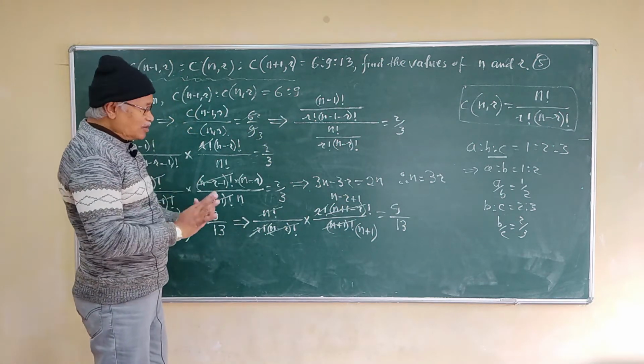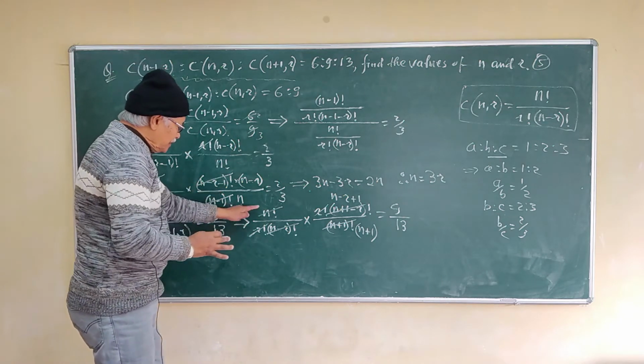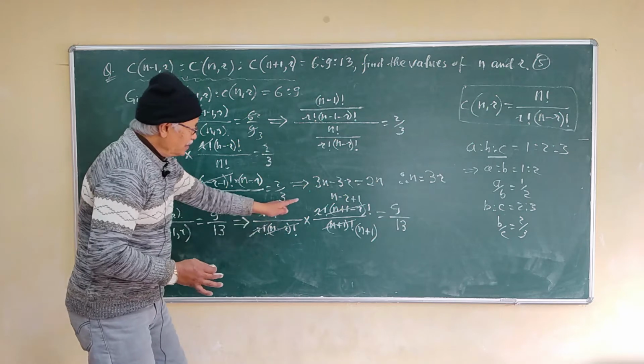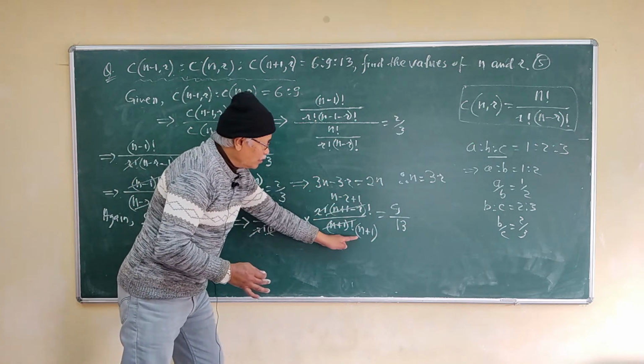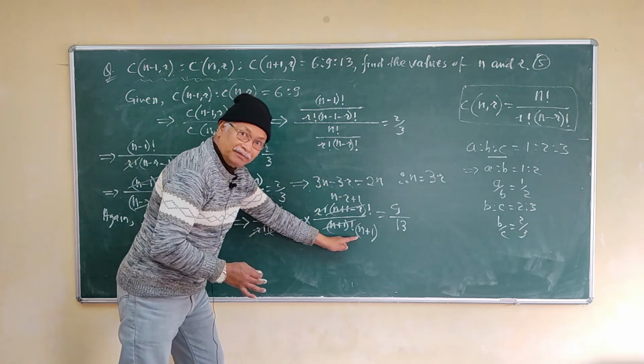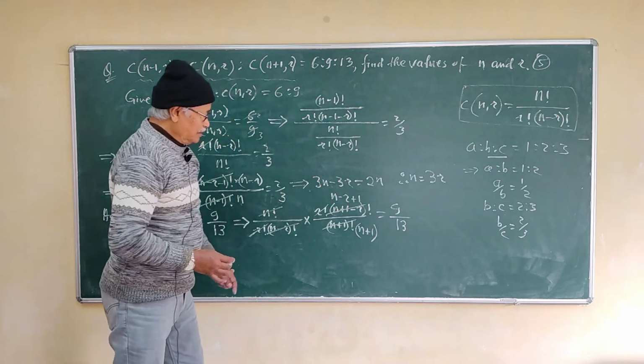So the cancellation is over. Here you have got on the top n minus r plus 1, and at the bottom n plus 1, equal to 9 by 13.